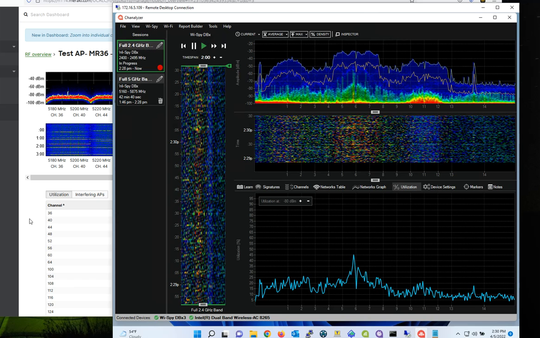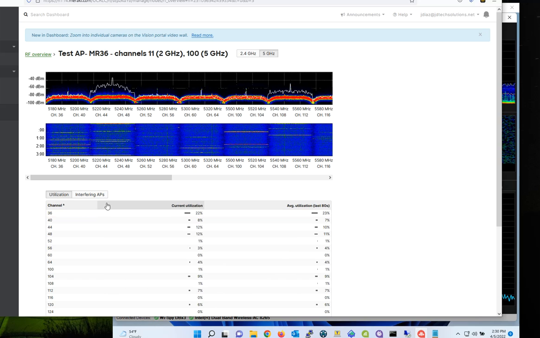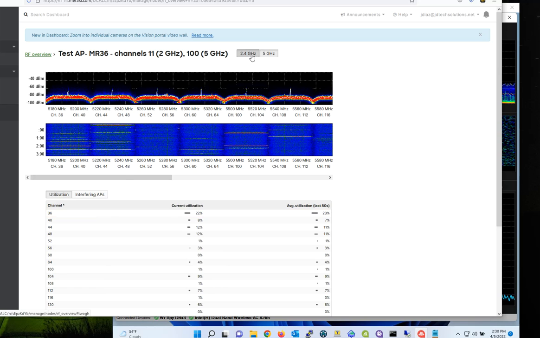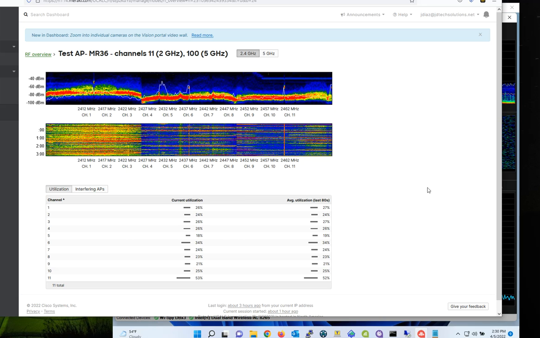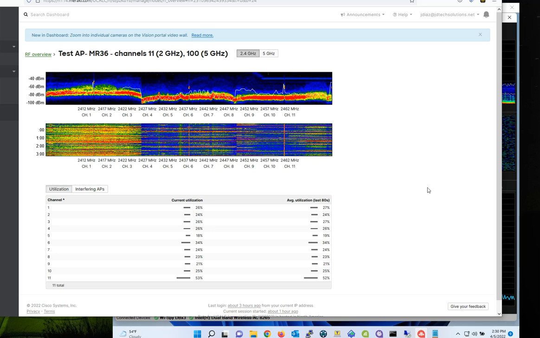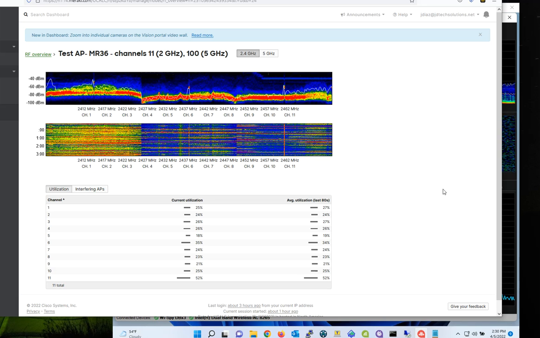The truth is that if you see interference, it's bad, right? So even if the interference level is a couple of decibels or maybe 10, 15 decibels, if you have 35% interference compared to another application that measures 45% interference, it doesn't really matter, it's bad. So just keep that in mind.